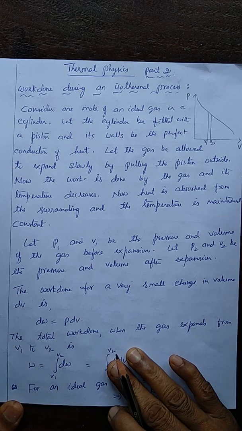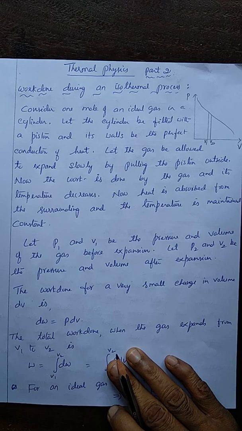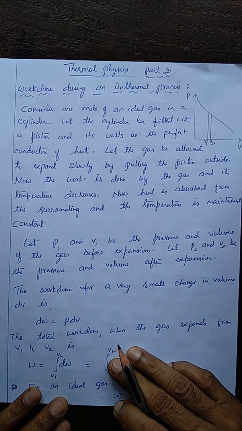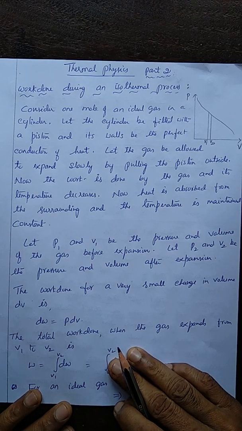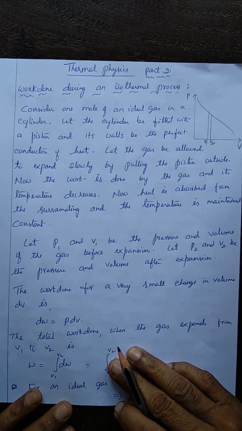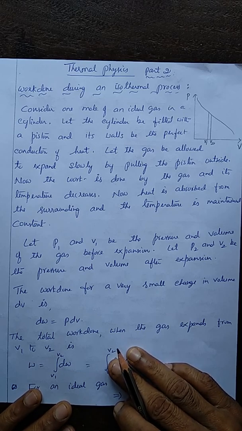The cylinder contains the ideal gas. Suppose the piston is pulled slowly outside. Now, the gas in the cylinder expands slowly. The slow expansion or slow compression of the gas is the example for an isothermal process.